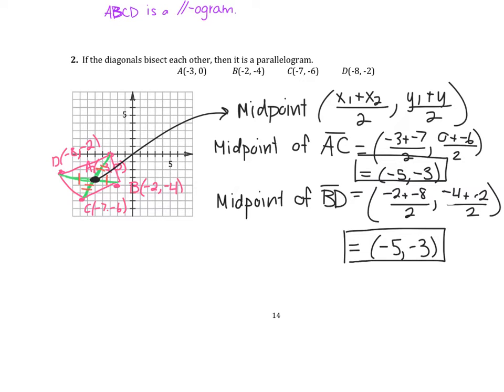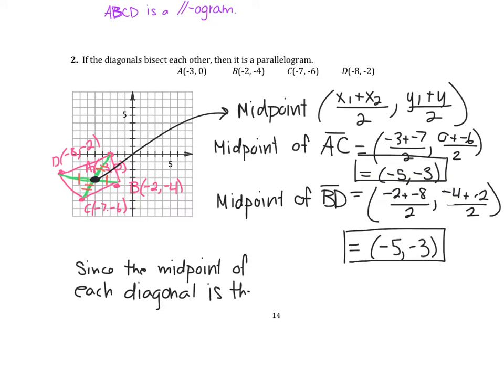All right, so here we're going to say, since the midpoint of each diagonal is the same point, ABCD is a parallelogram. You are going to get points for writing a sentence explanation for why it is what it is.